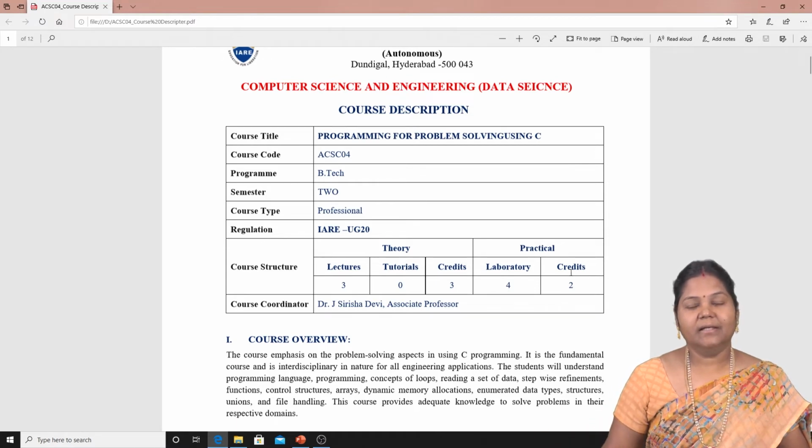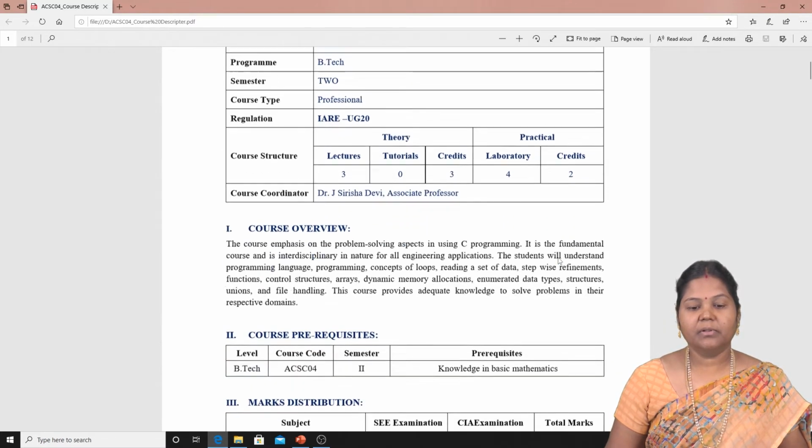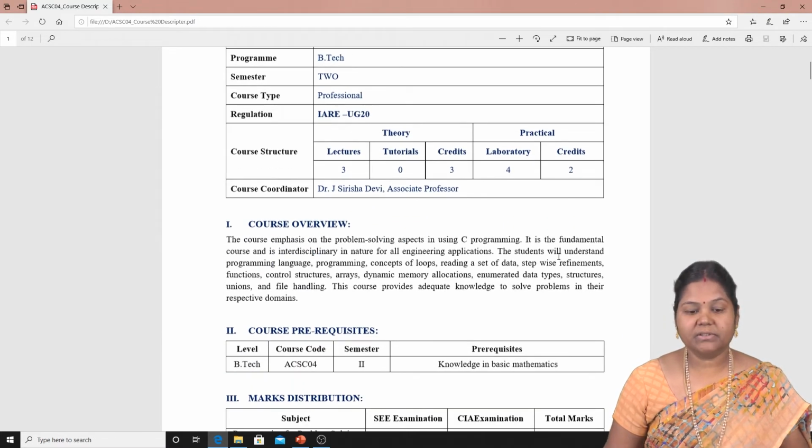Now, let us understand the course called Programming for Problem Solving using C language. So in this course, how to write down the course overview, objectives, outcomes, PSOs, and how to do the CO-PO mapping. So first let us talk about what is the overview of this course.